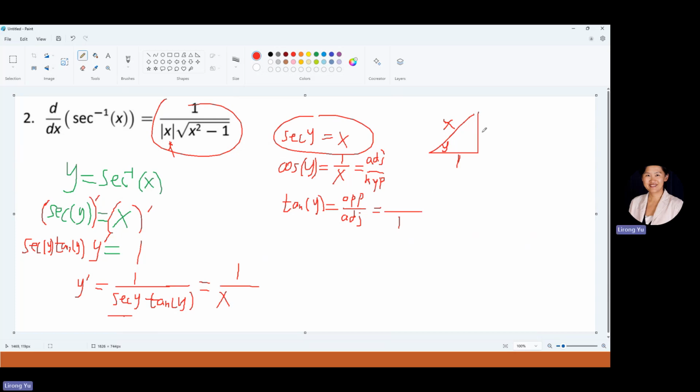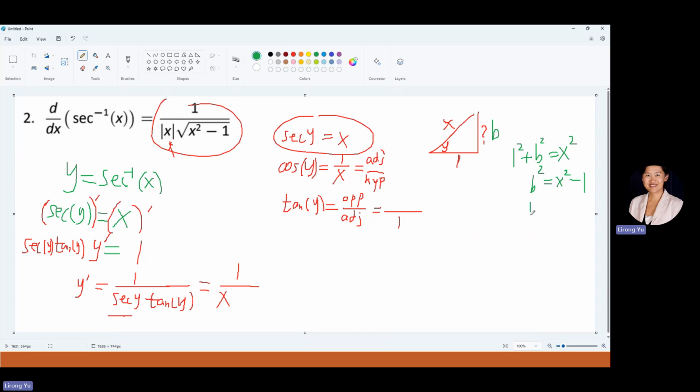And the question will be, what was the opposite? Let me call the opposite b. Right, so then 1 squared plus b squared equal to x squared. So then b squared equal to x squared minus 1.